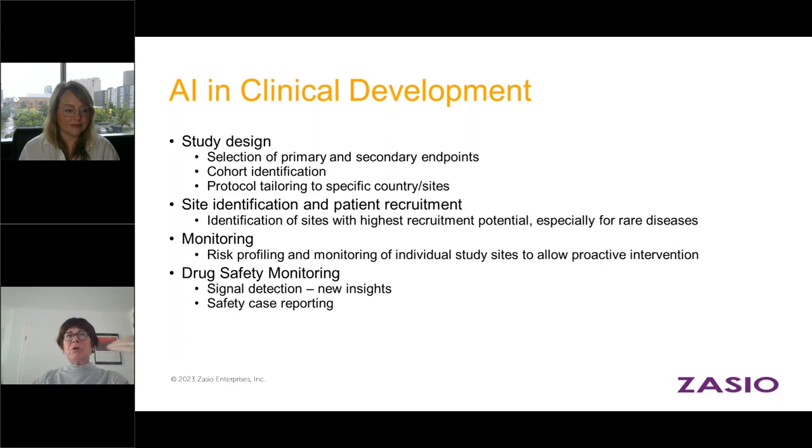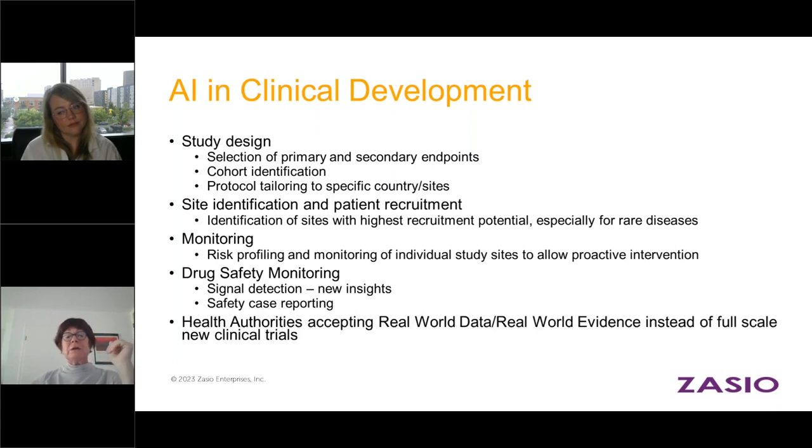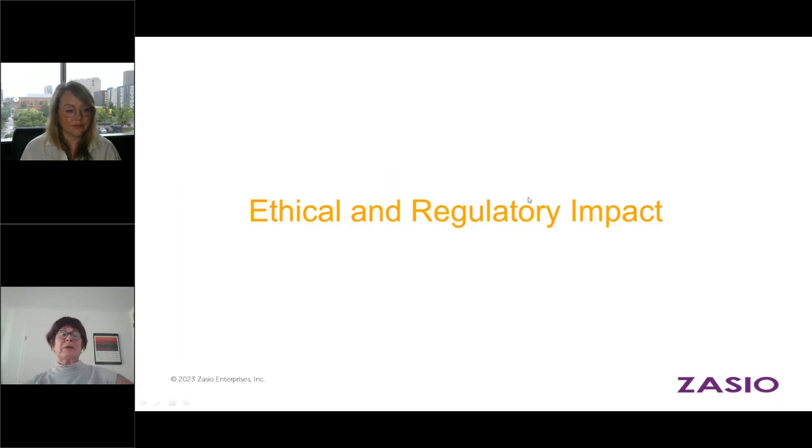Trial safety monitoring: are there any signals that show that there are issues with the trial or with that patient? And also the health authorities, of course, now accepting, instead of full-blown new clinical trials, real-world data, real-world evidence as a surrogate marker, so to speak.